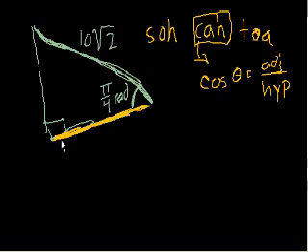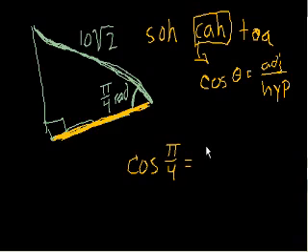So let's use this information to try to solve for this orange side, or this yellow side. So we know that cosine of pi over 4 radians, so let's say cosine of pi over 4, must equal this adjacent side right here. Let's just call that A for adjacent. The adjacent side divided by the hypotenuse. The hypotenuse is this side, and in the problem we were given that it's 10 square roots of 2.